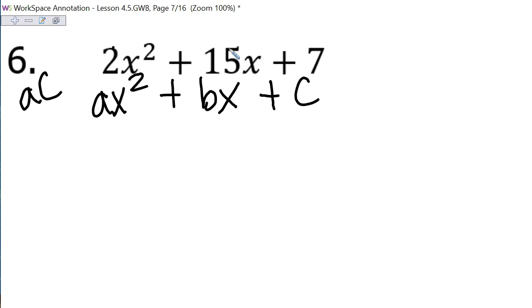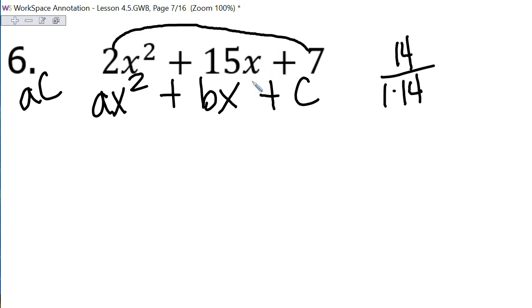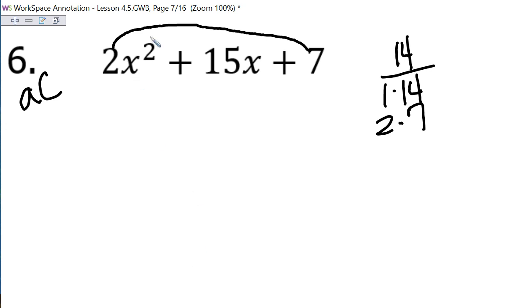So what is 2 times 7? 14. Factors of 14, I could have 1 times 14. I could have 2 times 7. Now, just like what we've been doing, we still want to add up to the middle term. So we still want to add up to the 15. So that would be 1 and 14.